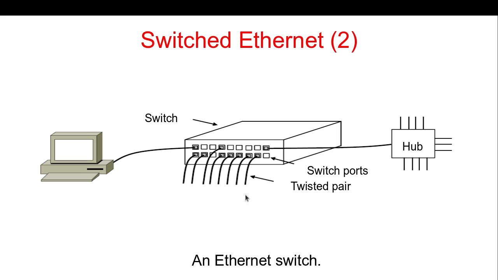Accordingly, it will transmit. If the destination happened to be one of the machines on the hub, the switch knows that while the frame was coming, it was already broadcast to the remaining machines. That's why if the destination is one of the machines on the hub, the switch will simply discard it, because the frame has already been given to those machines.